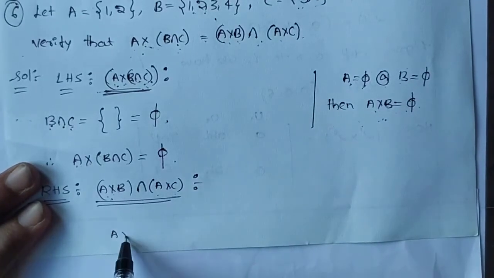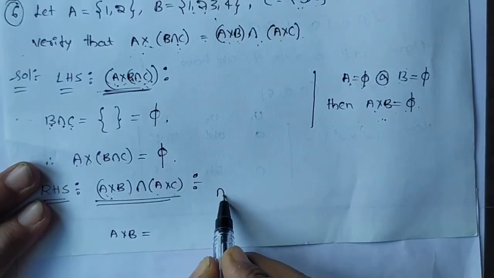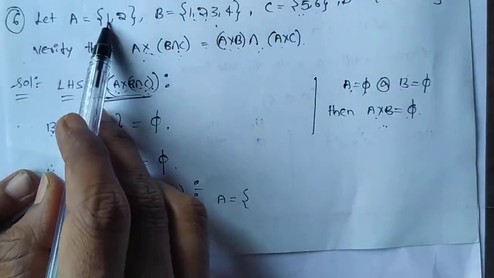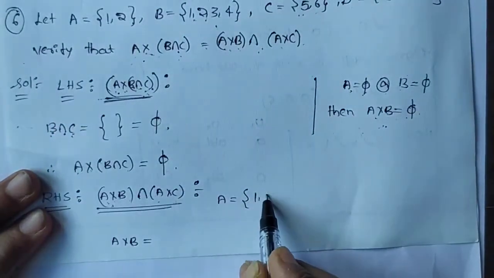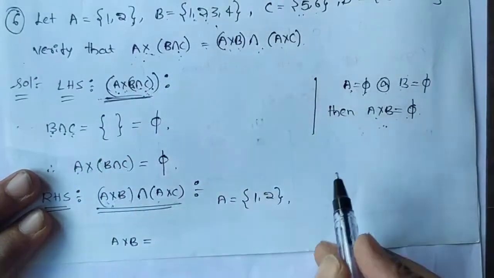A cross B equals, we have to find A cross B. Write down the set A and the set B. Set A is 1, 2. Set B is 1, 2, 3, 4.